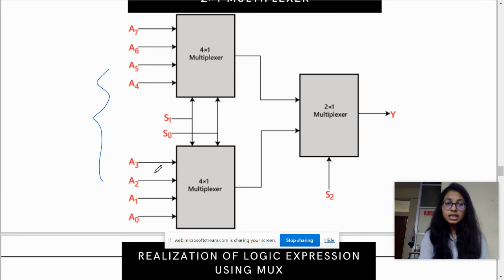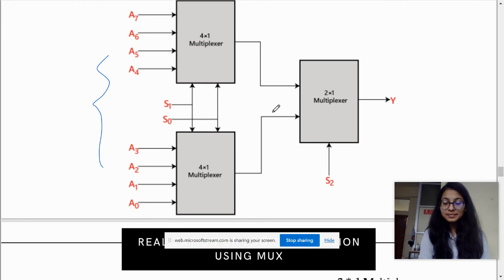Since we have 8 inputs, we have 4 in one and 4 in the other, and the selection lines for a 4 cross 1 multiplexer are always 2, so we'll have two selection lines over here. Since a multiplexer always has one output, we'll get one output from each of them, and we'll pass both to the 2 cross 1 multiplexer.